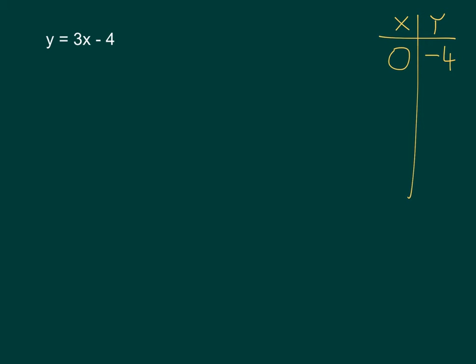The next one I'm going to do is I'm going to plug in 1 for x. So I get 3 times 1 is just 3 minus 4 equals negative 1. The next one I'm going to try is 2. 3 times 2 minus 4 is 6 minus 4 equals 2.